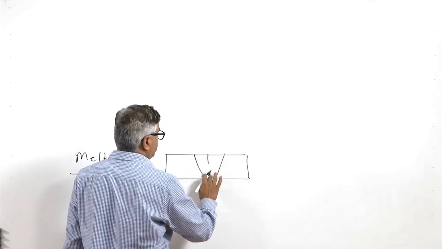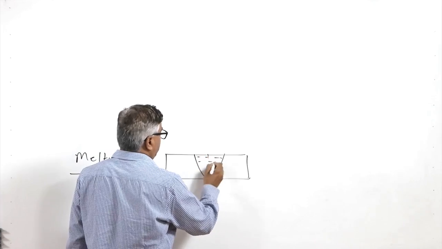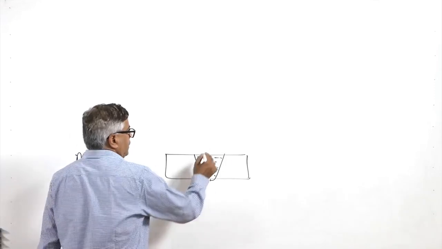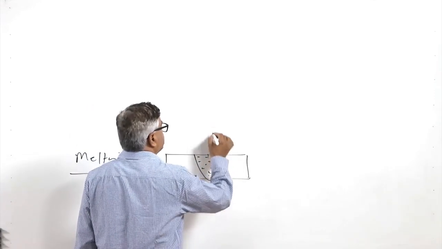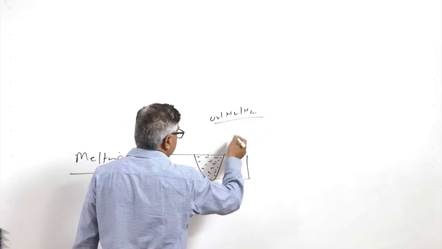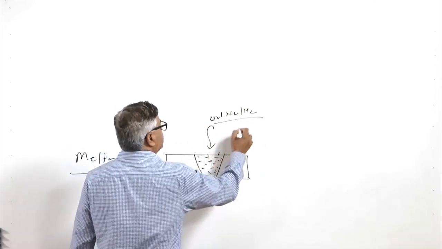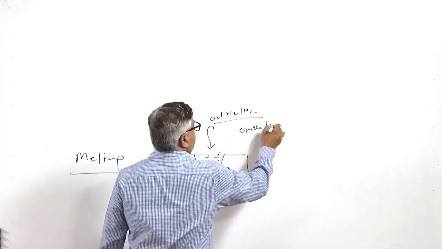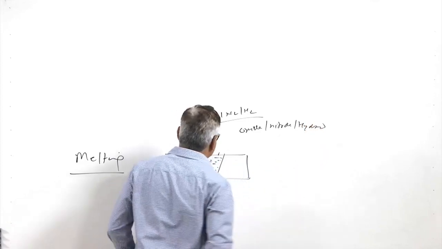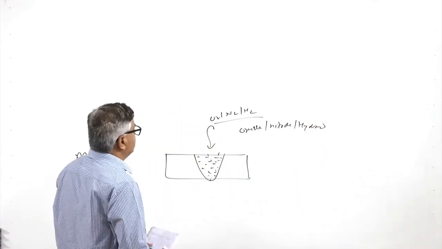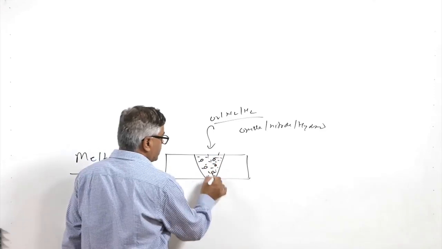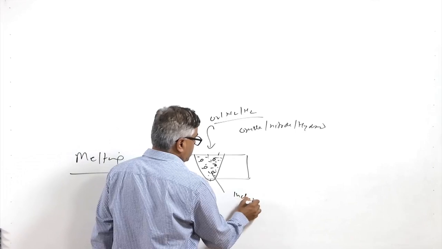So, this molten metal, when it comes in contact with the atmospheric gases like oxygen, nitrogen, hydrogen, etc., interacts and forms their oxides, nitrides and hydrides. So, if these are having the density same as that of molten metal, then they will get uniformly distributed, and after the solidification these will be present as inclusions.